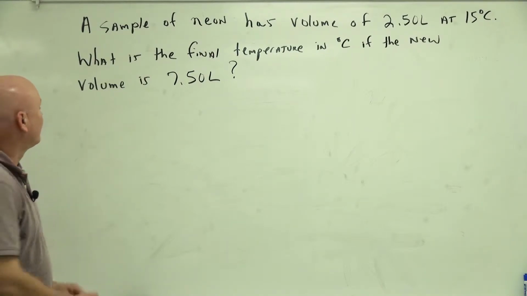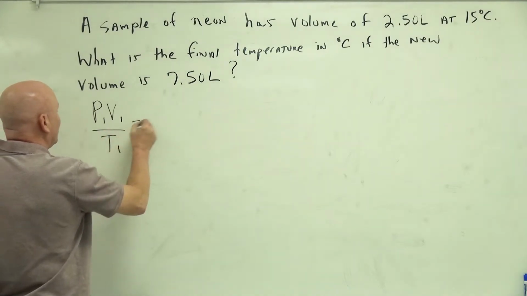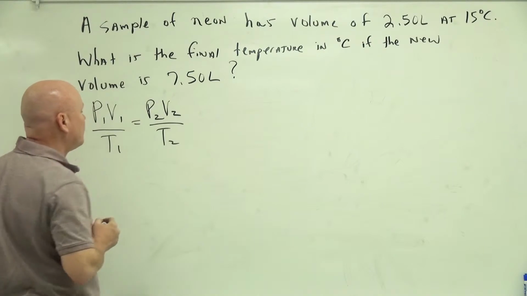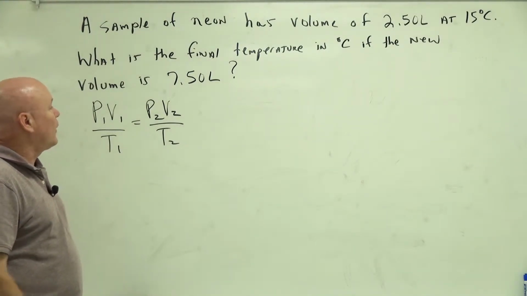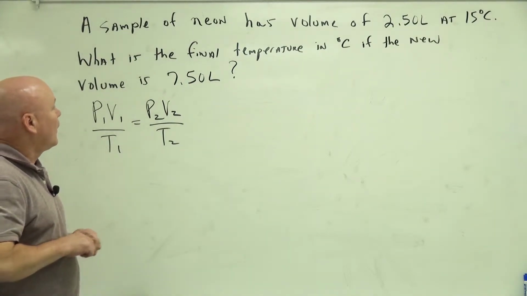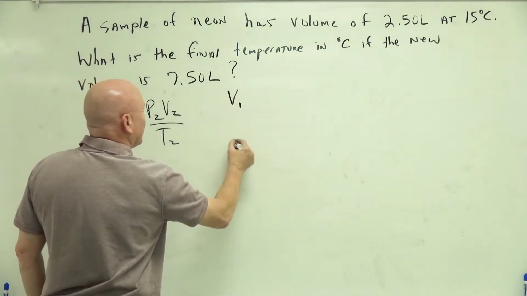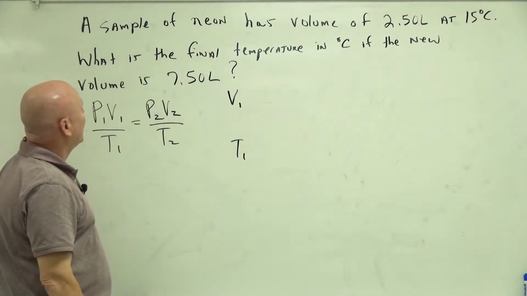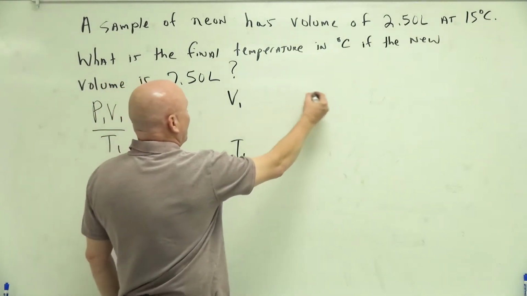Once again, we're going to start with P1 V1 over T1 equals P2 V2 over T2. Let's make a small table of the numbers that we have in the word problem. It looks like we're going to be using volume and temperature. We have a pair of volumes, 2.50 liters and 7.50 liters, and we have a pair of temperatures as well.